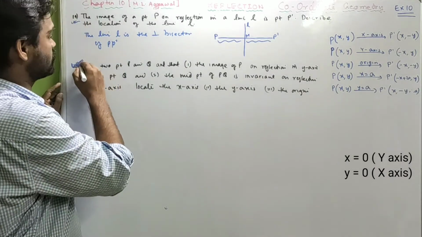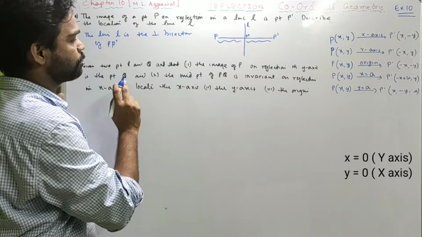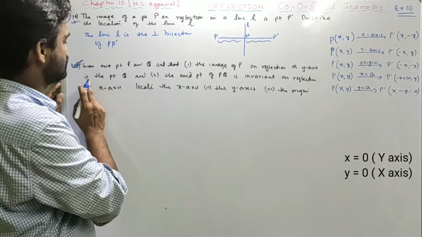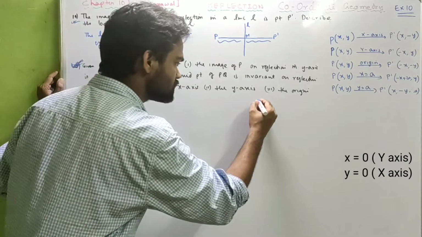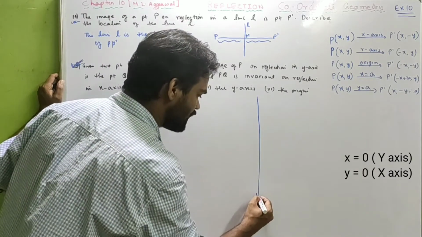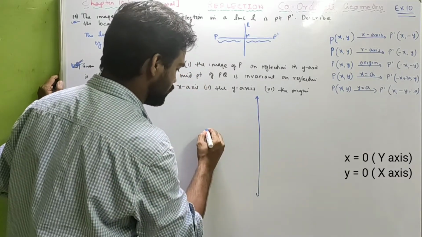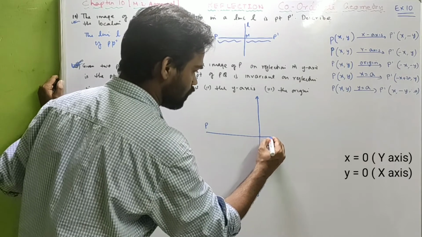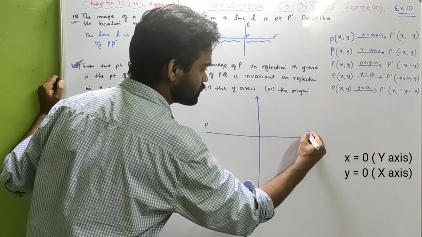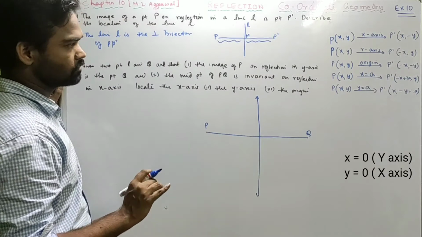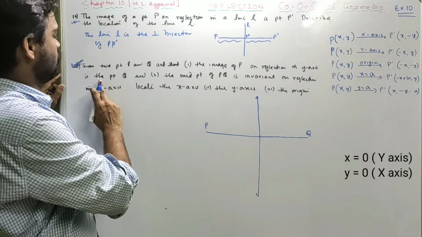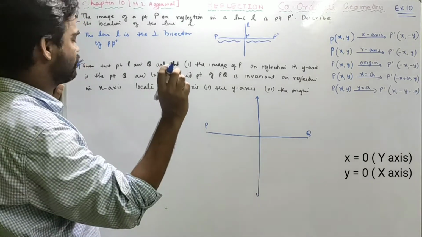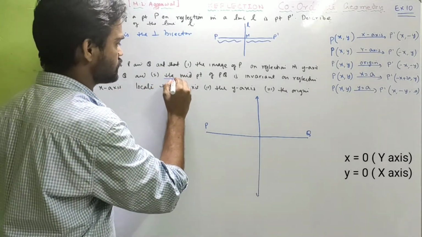Okay. Now look at this, very interesting. Given 2 points P and Q, and that the image of P on reflection in the y-axis is the point Q, which means if this is your y-axis, there's a point P which is reflected on the y-axis and becomes Q. And the midpoint of PQ is invariant on reflection in the x-axis. Try to understand.